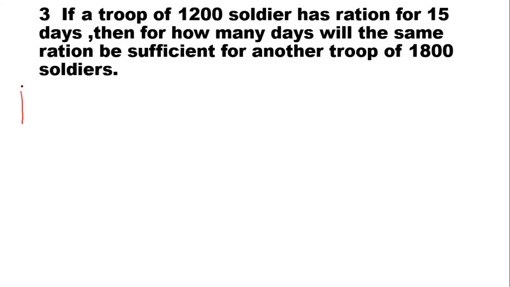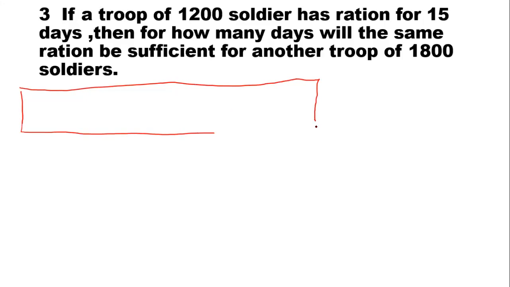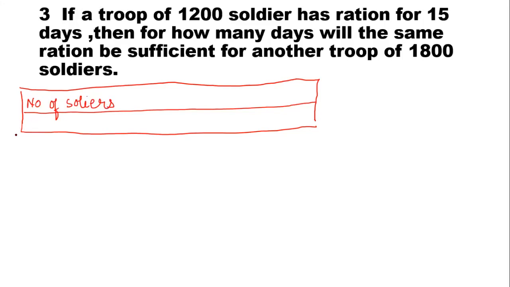So let us draw a table first of all and identify the variables here. What are the variables? Variables are number of soldiers, and number of days ration last.